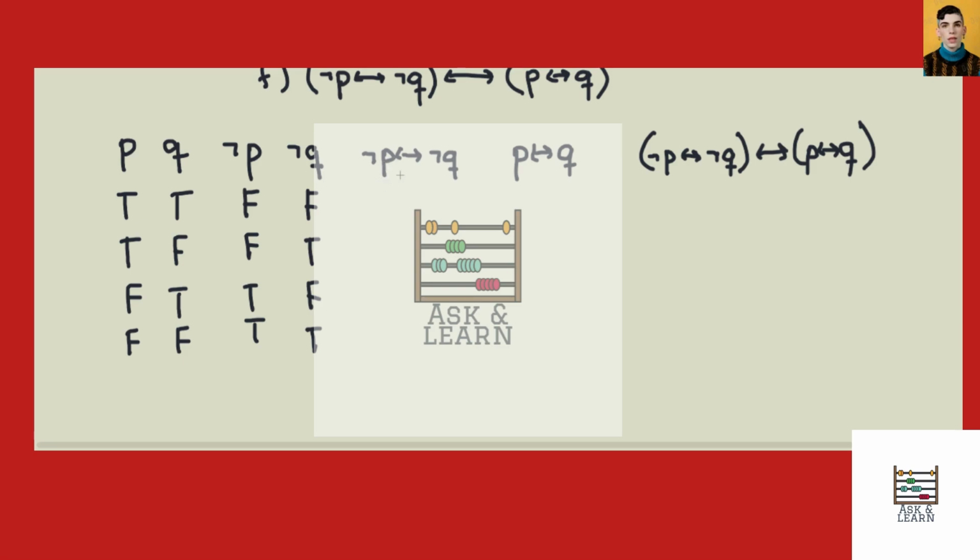So again, for biconditional statements, both truth values of the propositions have to be the same in order for it to be true.